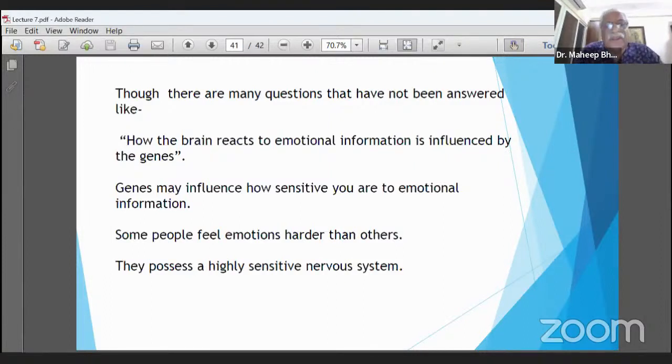But still, it is not clear that genes are directly related to emotional information. But there is a large amount of information from studies on animals that somewhere the genes are involved in the expression of different types of emotions like love, anger, fear, and so on.